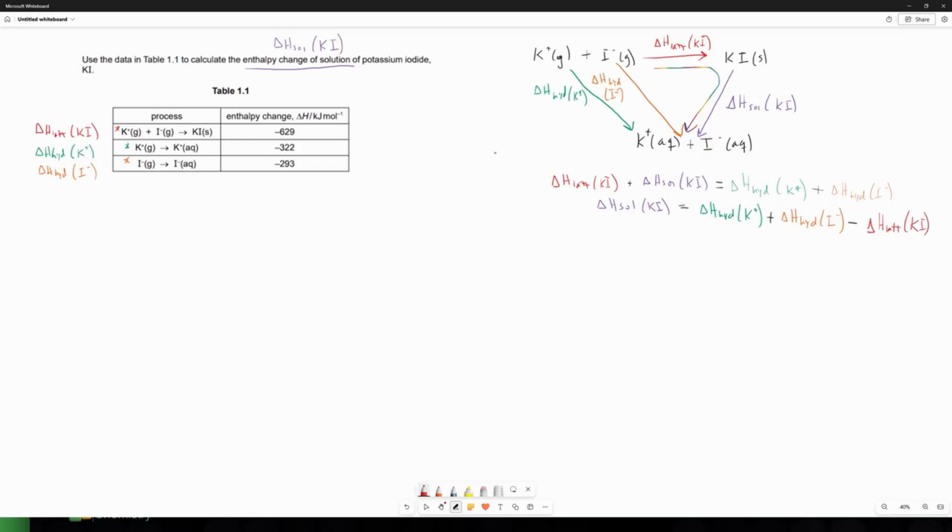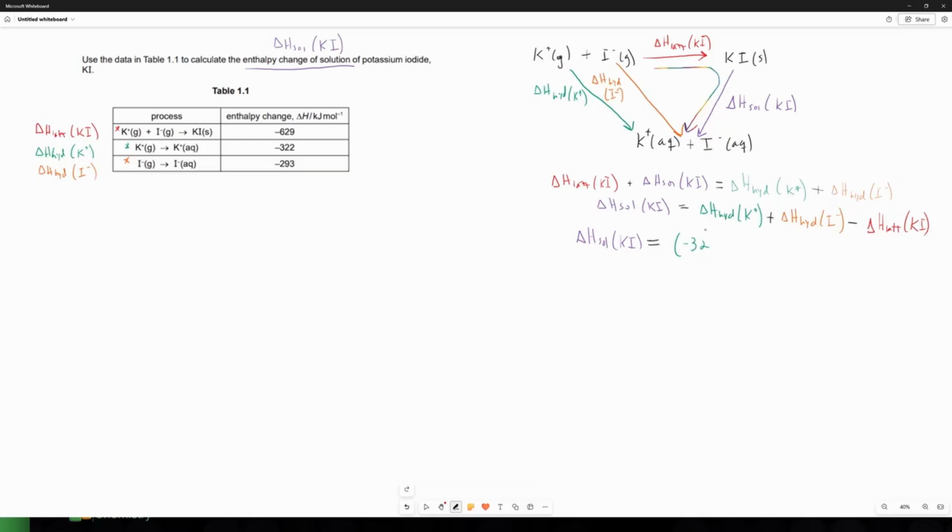And now we can just plug the numbers in from the equation and get our answer, which in this case will be that the enthalpy change of solution, delta H solution of KI, is going to be equal to the hydration enthalpy change, which is, we have here, negative 322.